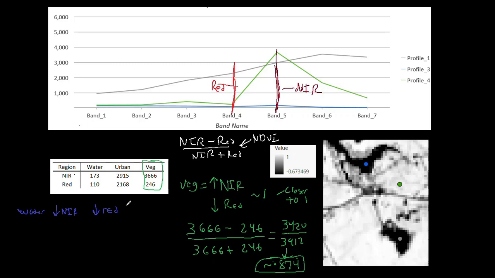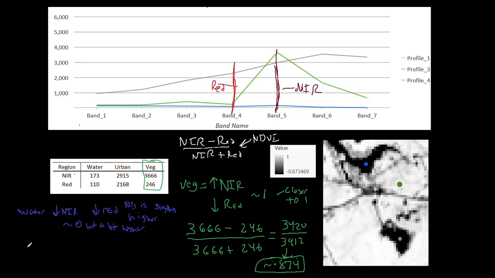Sorry, NIR is slightly higher. So based on this, we would expect the value to be close to 0, because they're similar in value, but a bit higher because NIR is greater than red. It's not going to be exactly 0, but we expect it to be closer to 0.